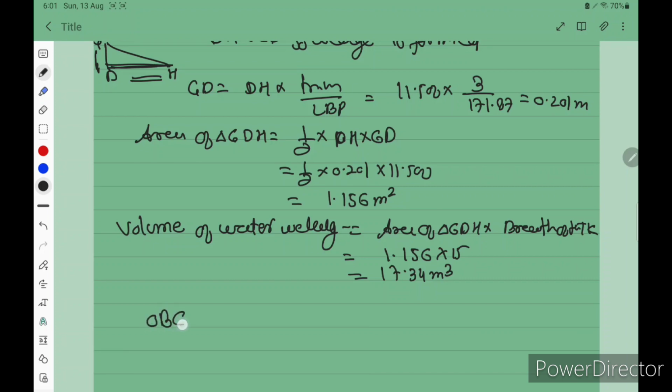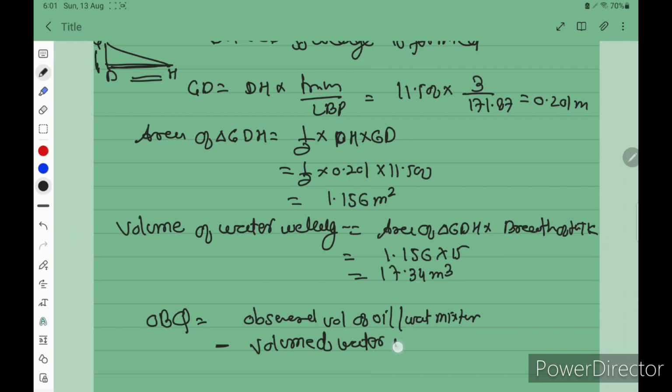So OBQ, onboard quantity, is equal to the observed volume of oil and water mixture minus the volume of water wedge. Therefore 58.8 minus 17.34, so we get the value 41.46 meter cube onboard quantity.